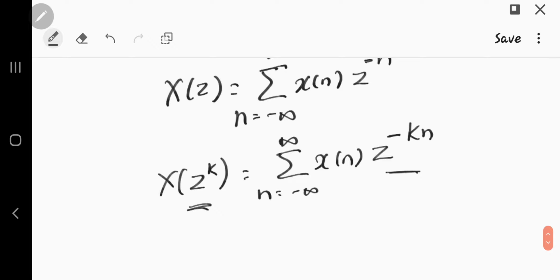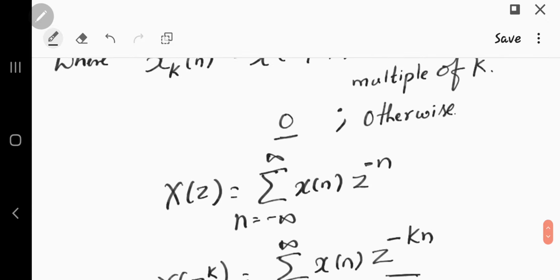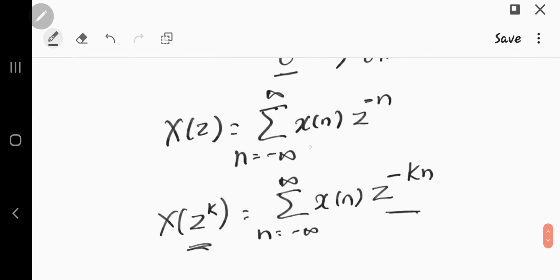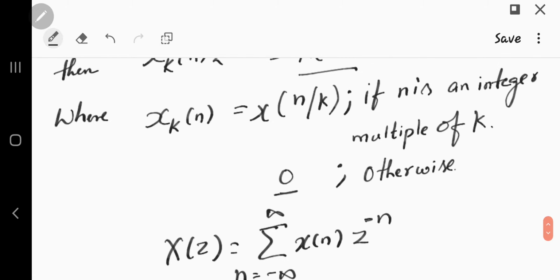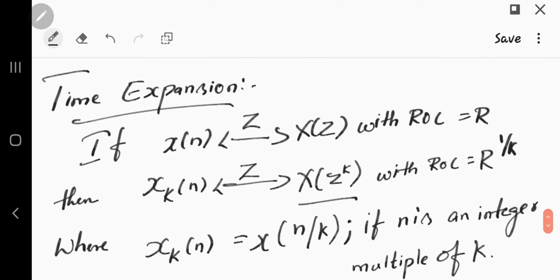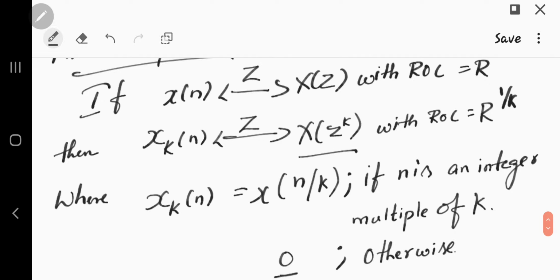And what does it prove? It says if this input x of n is x_k of n for n as an integer multiple of k, then only the signal exists. So this signal exists only for that value. And here you can see that we are performing time expansion.